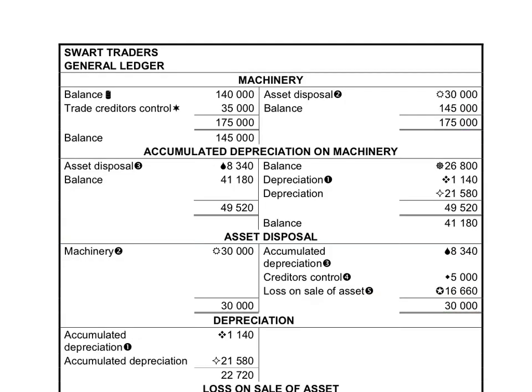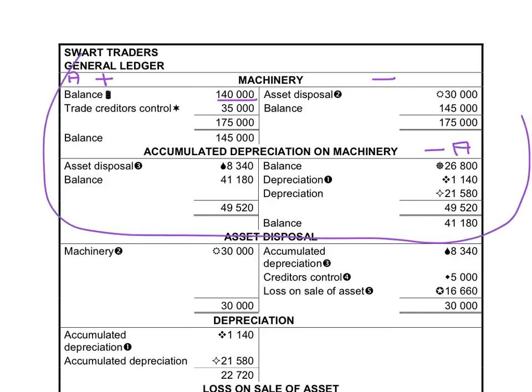Machinery is an asset. Assets have debit balances and increase on the debit side. So my balance at the beginning of the year was 140,000. Accumulated depreciation is my negative asset. So machinery and accumulated depreciation actually forms a unit.